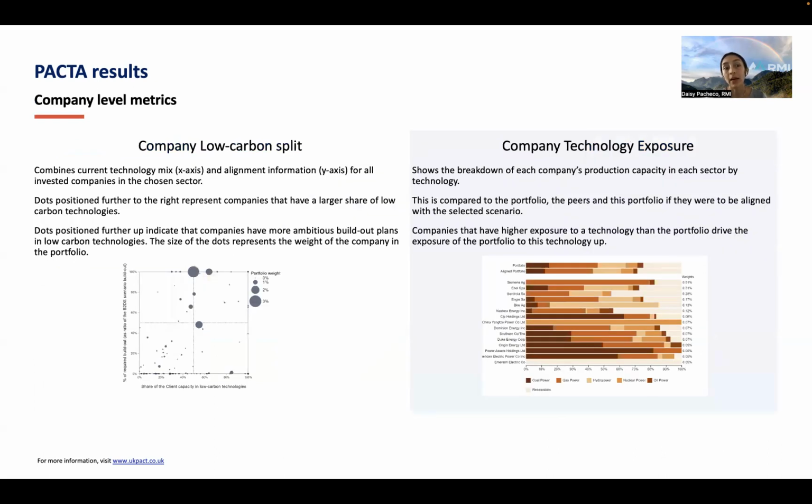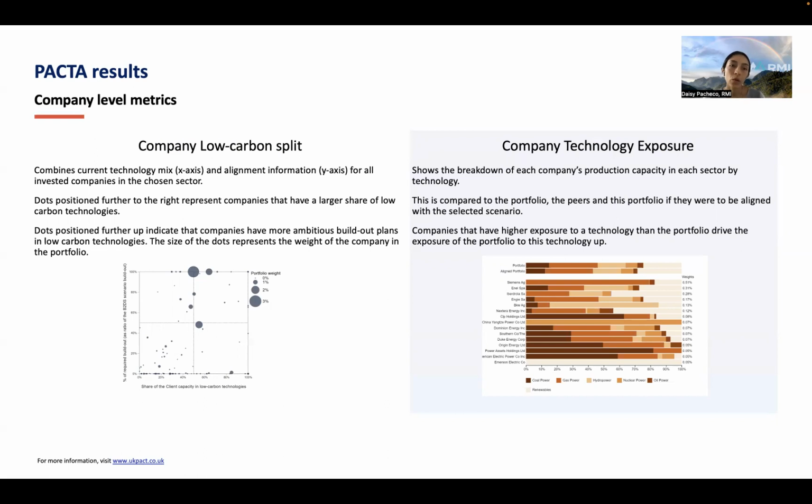Lastly, we'll have the company level metrics. For some of the most important and influential companies that are contributing the most to your results, we will have this set of results: the company low carbon split and the company technology exposure.